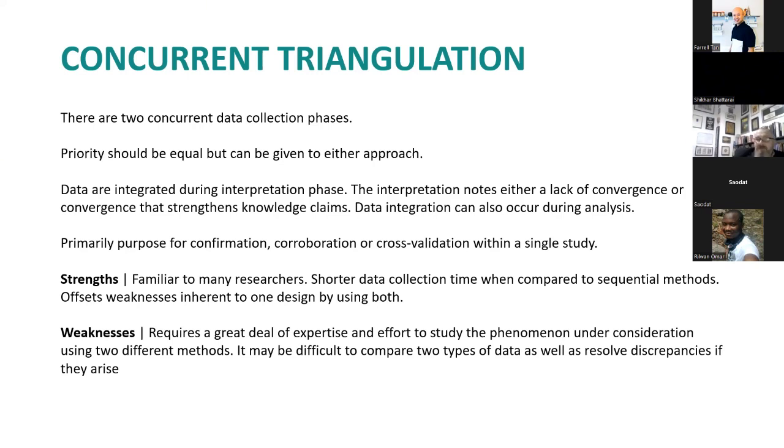In fact, I'm going to go as far as calling it pretty common sense. We get a shorter data collection time compared to our sequential methods. It offsets some of the weaknesses inherent to one design using both. So there might be weaknesses in the quantitative, but the qualitative makes up for that fact. So there are some decent, sensible strengths that come into it.